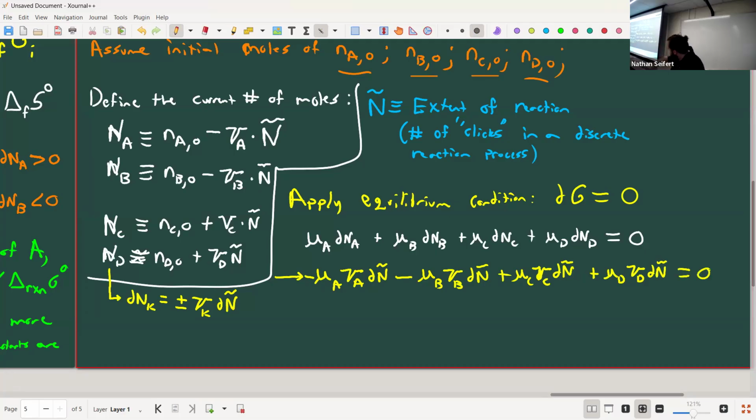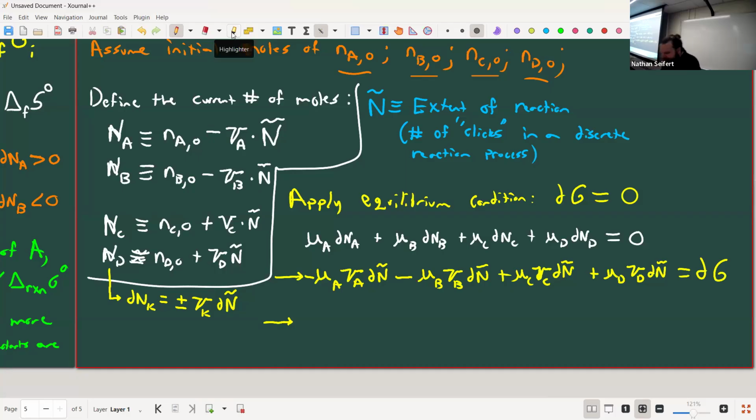All right, so I've got a bunch of things there. I can combine like terms, right? There are some things that are shared. Everything has dn tilde. So what I have is that dG, the changing Gibbs energy, is equal to this.